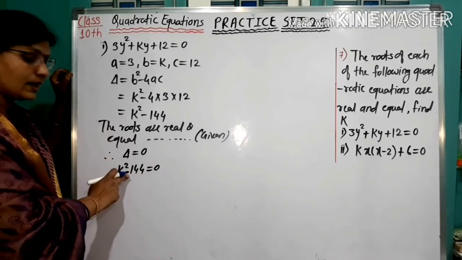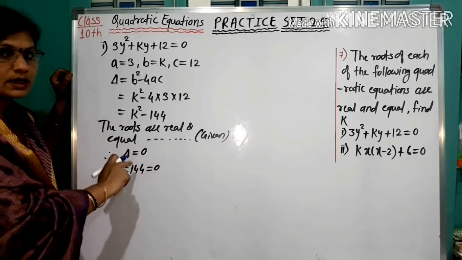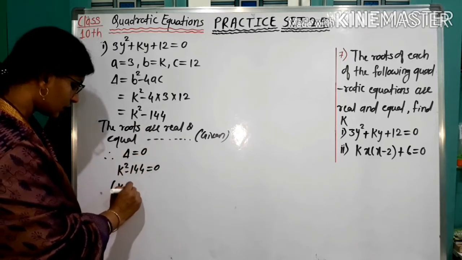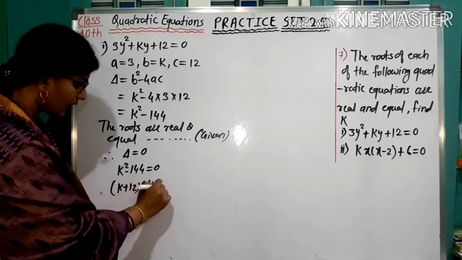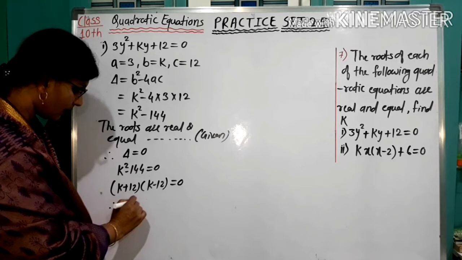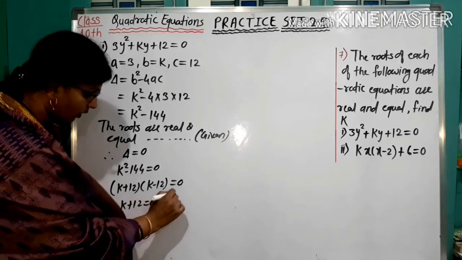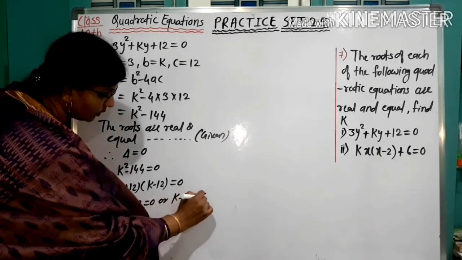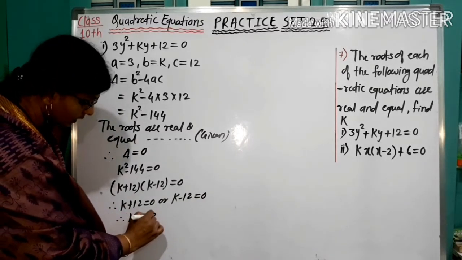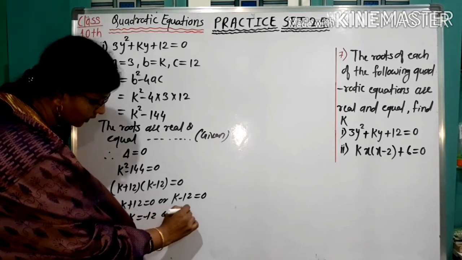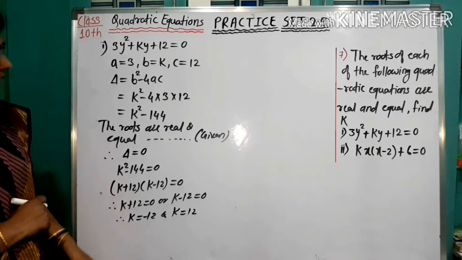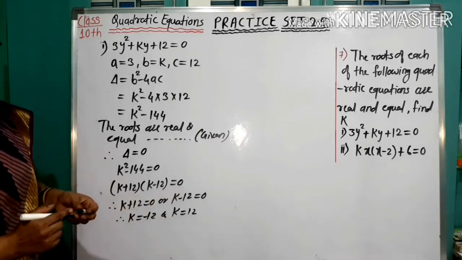This is k square minus 12 square, that is a square minus b square. So in one bracket k plus 12, another bracket k minus 12, equals 0. Therefore k plus 12 equals 0 or k minus 12 equals 0. Therefore k equals minus 12 and k equals plus 12. There are two values of k, that is minus 12 and plus 12.